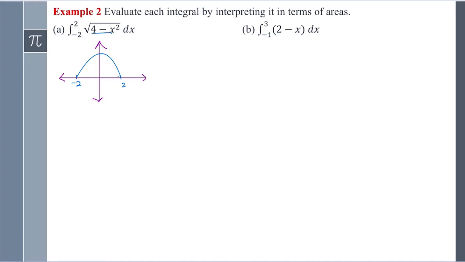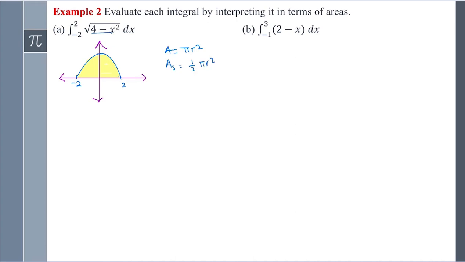So basically what we are doing is finding the area of this semicircle. We know the area of the circle is pi r squared, but we are looking at the area of a semicircle, so that becomes 1/2 pi r squared.